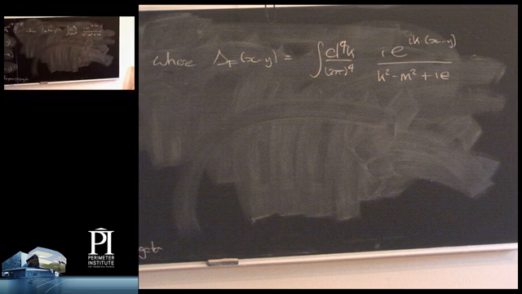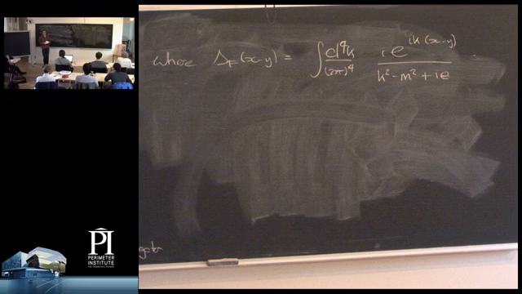Okay? Are there questions about this? So let me just point out that this is an operator, and this is an operator, but the difference between these two operators is just a function. Okay, it's just this guy here. So it commutes with everything. Okay, people happy?